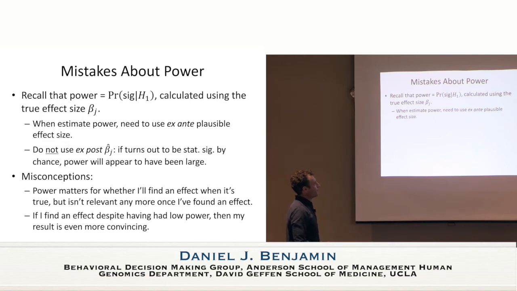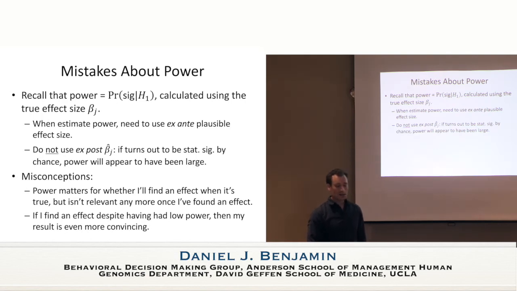Now, when you estimate power, you don't know the true effect size, so you need to come up with some plausible effect size ex ante. One thing that you often see people do is they run a study, estimate an effect, and then they take their estimated effect and use that to conduct a power calculation to say, how well powered was I to have found this effect?